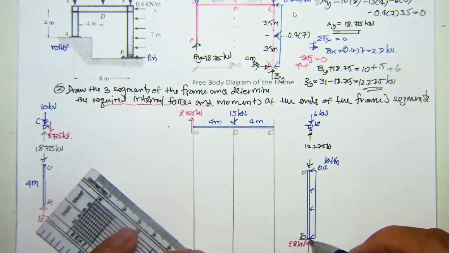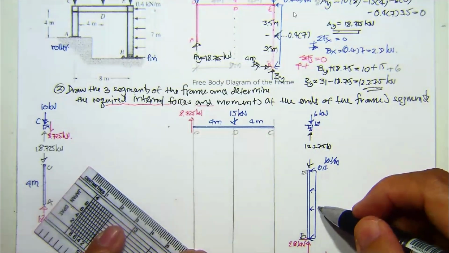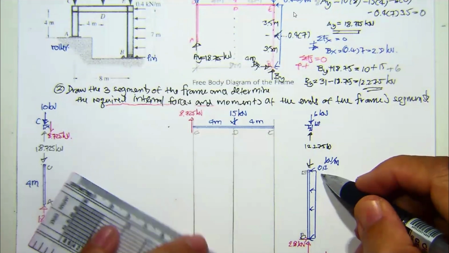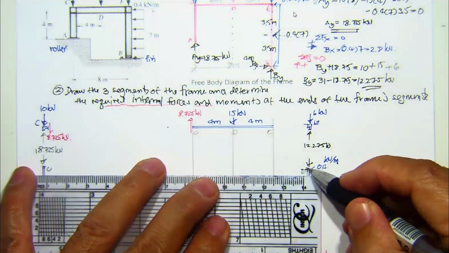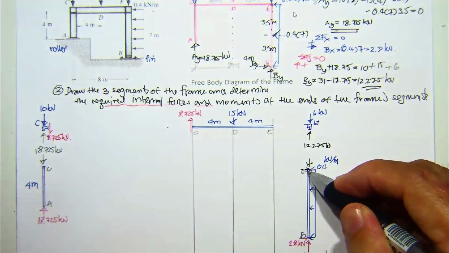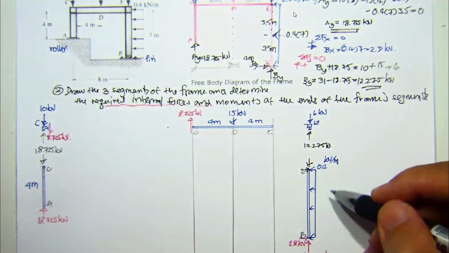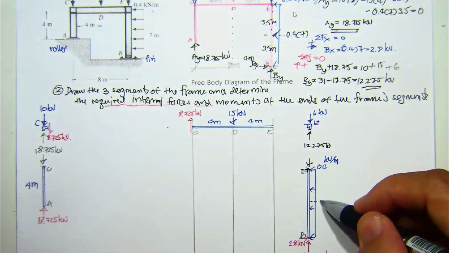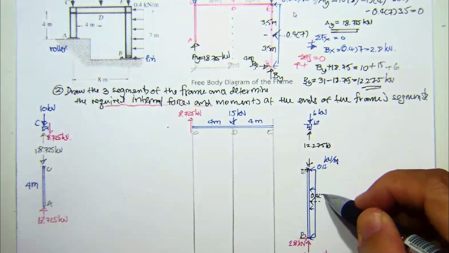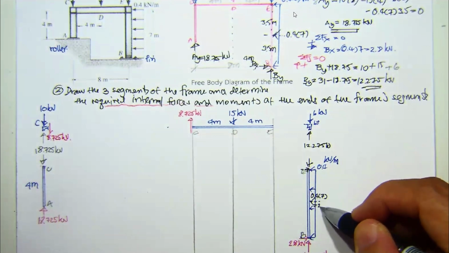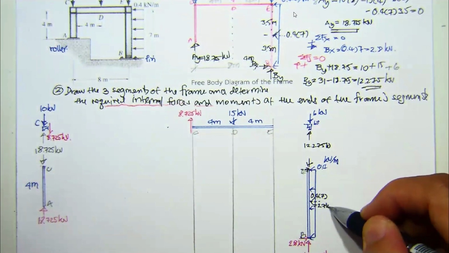2.8 over here. And then you also have the shear force over here. If you do the calculation, this one is going to be 0.4 times 7, which is 2.8 kilonewton.